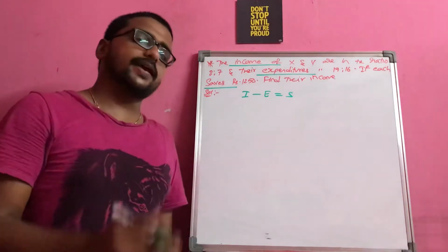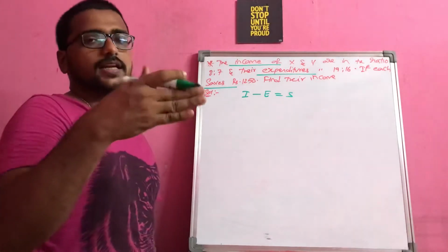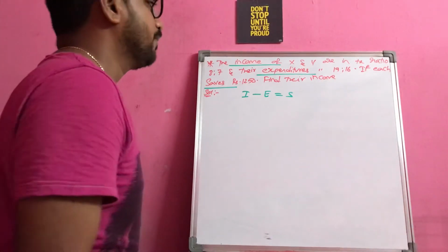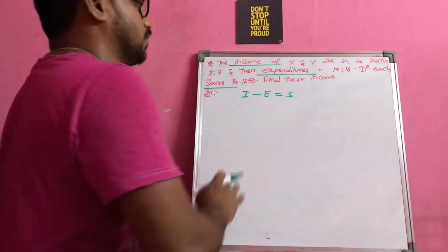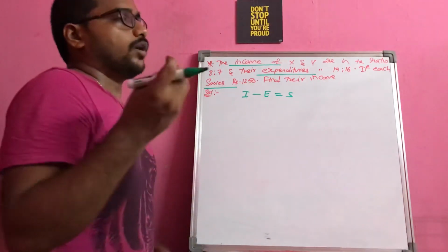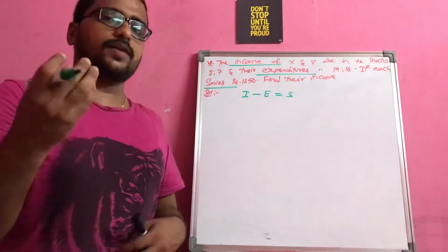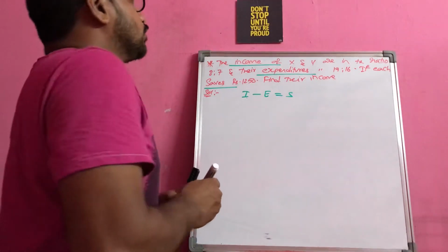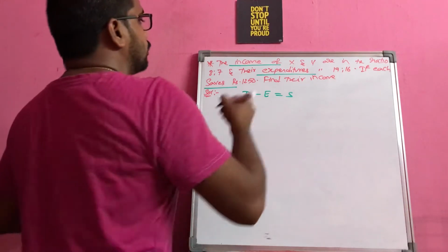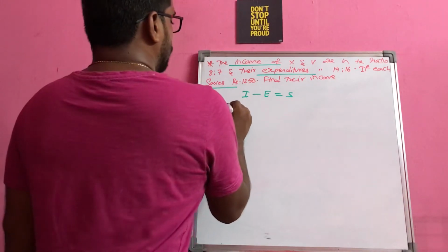You can remember it like IES, Indian Engineering Services. Income minus expenditure is equal to savings. That is the basic formula. Whatever you are earning, if you spend something from that, what is left out will be the savings. Simple as that. So incomes are in the ratio 8:7.